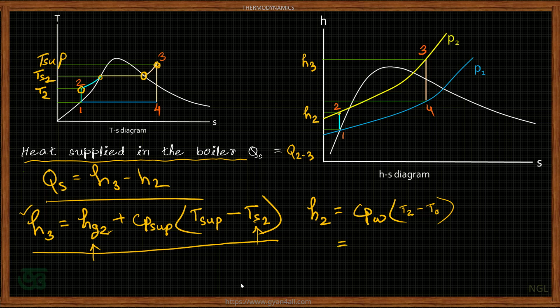So if we take this, then this will be Cpw into T2. So this way we can calculate the amount of heat supplied during the process 2-3. The formula will be different if the steam produced by the boiler is dry steam or wet steam.